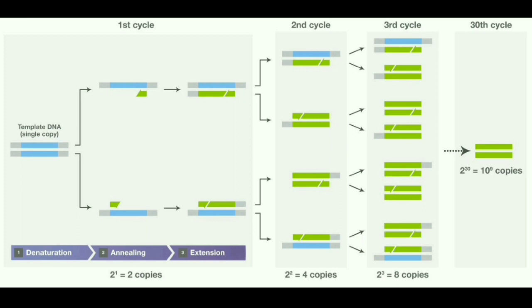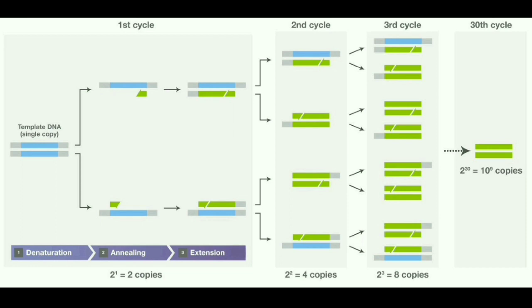This particular diagram shows that a single copy of a template DNA has undergone three stages, that is denaturation, annealing, and extending. After the end of extension, we received two copies of the template DNA. That is, from a single copy, we got two copies.